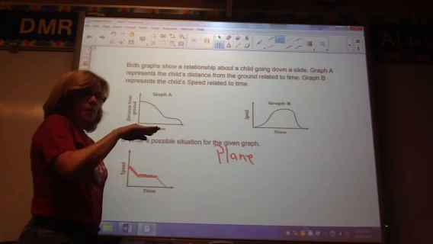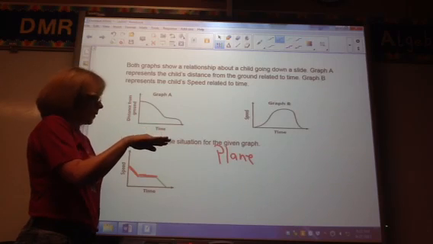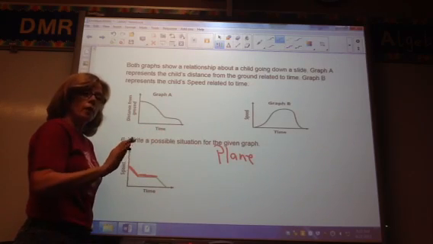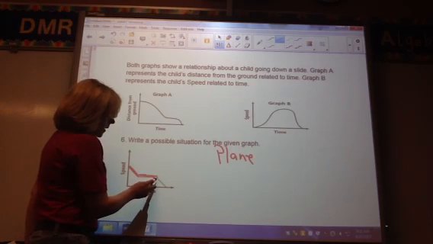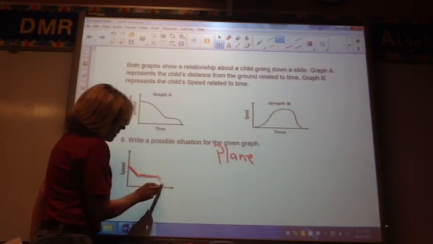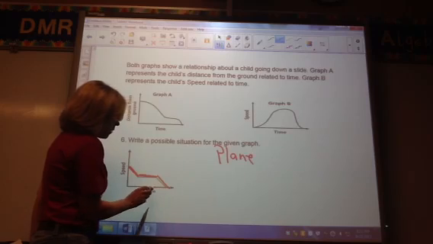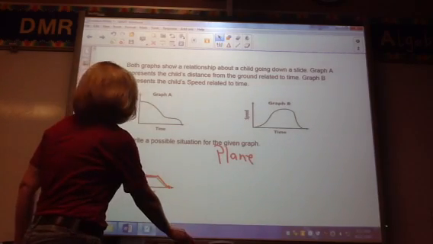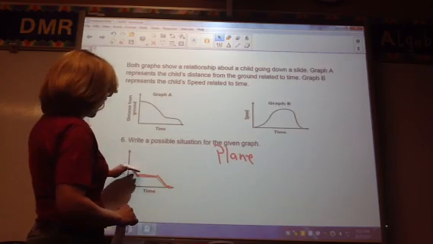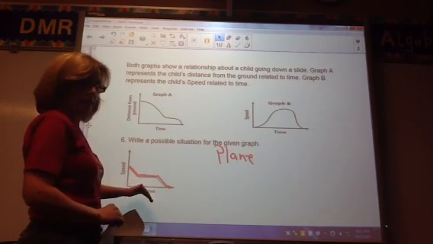It's still flying, but it's flying at a constant speed. So they could be hovering or circling around the airport, waiting for permission to land. And then they've got permission to land, so they immediately go to the landing track, slow down, then eventually stop. So that would be an example of a scenario that you would have to write down by looking at a graph.